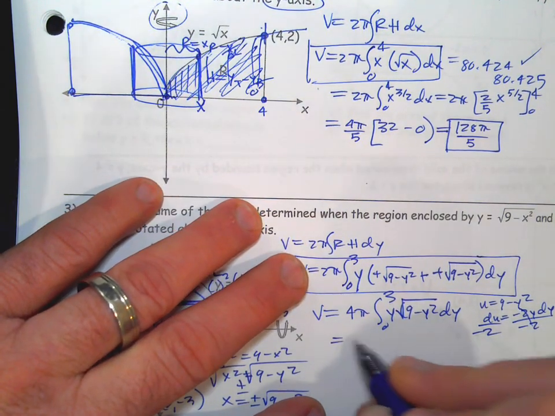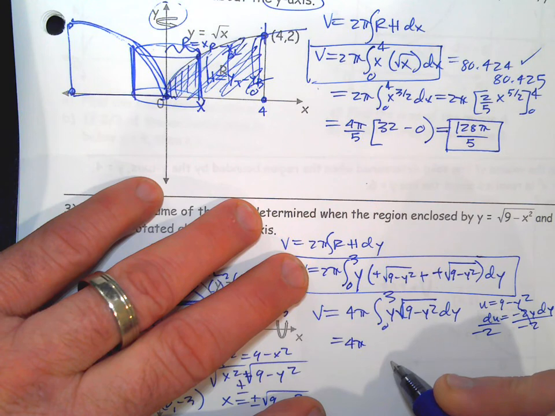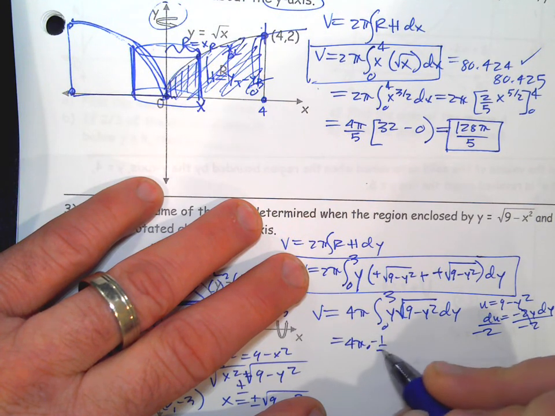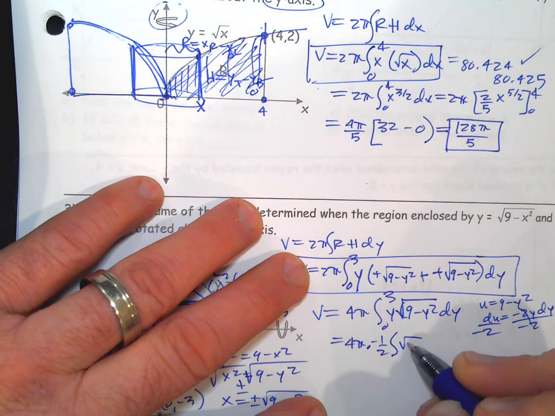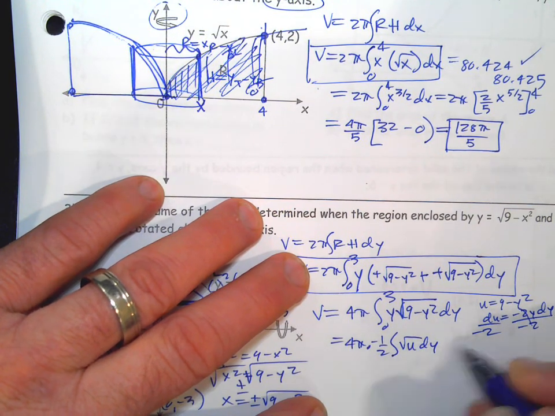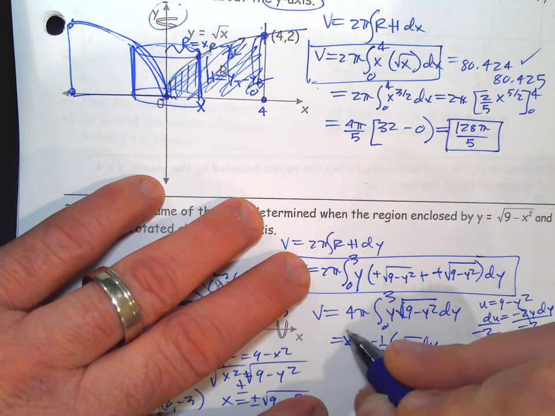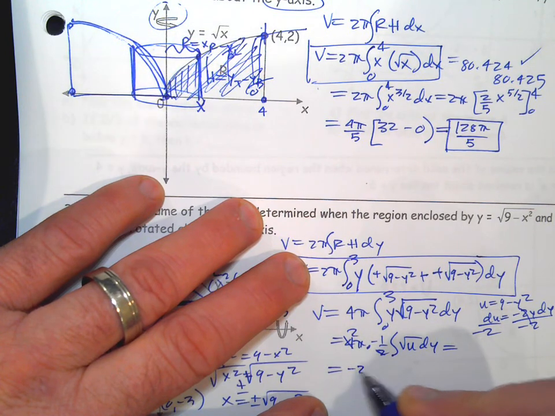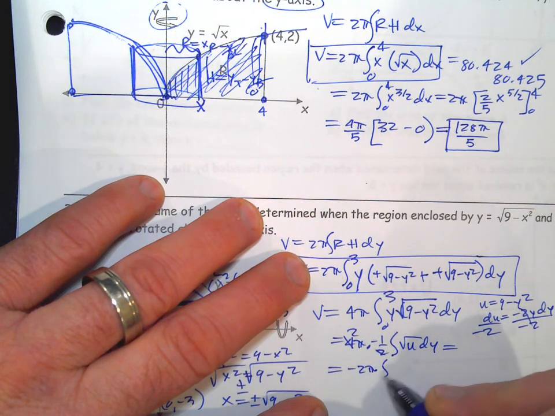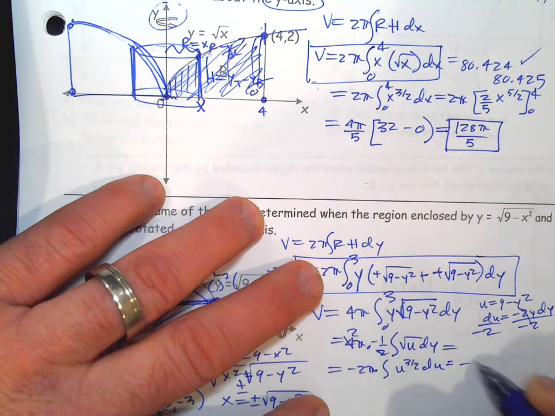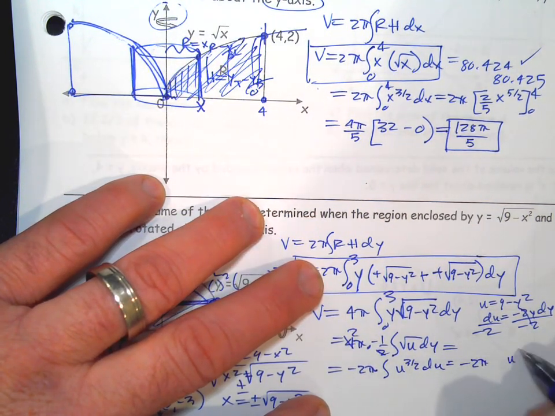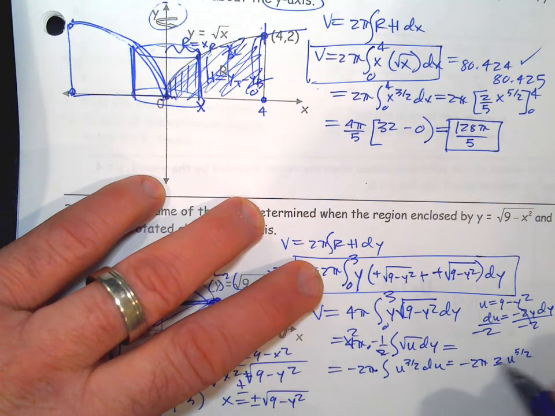So you get 4y, and then you'd have another negative 1/2 in front, and then you would have the square root of u du, which would be negative 2 pi, u to the 3/2, negative 2 pi, u to the 5/2, multiplied by the reciprocal.